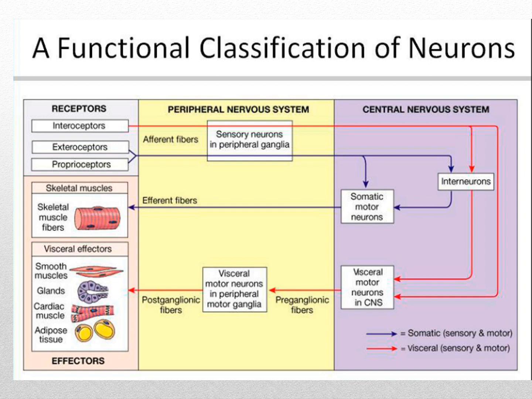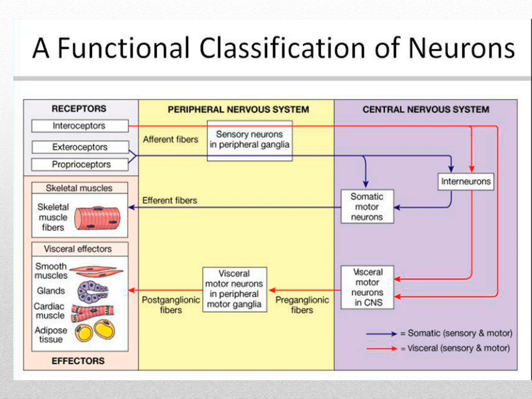So they're going to sense internal stimuli, and of course, they go towards the central nervous system. Okay, and it's an afferent direction. So we start with the peripheral nervous system. You see the red line going towards the central nervous system there.